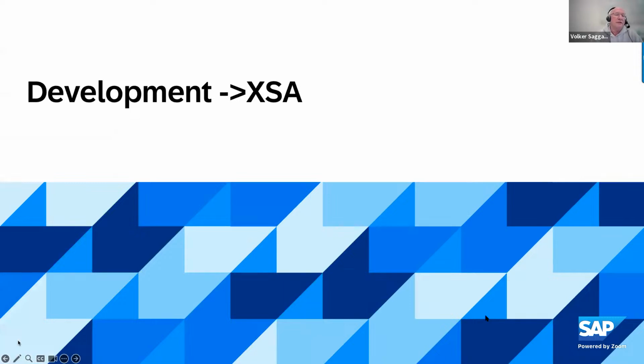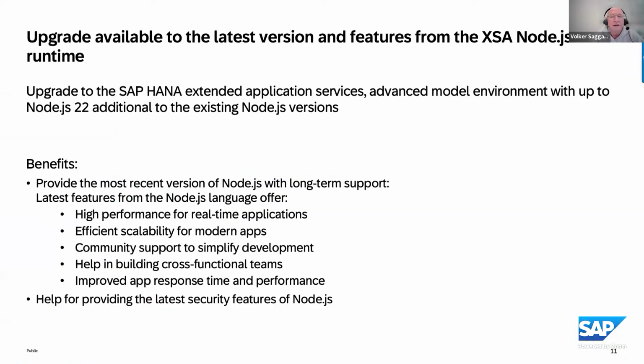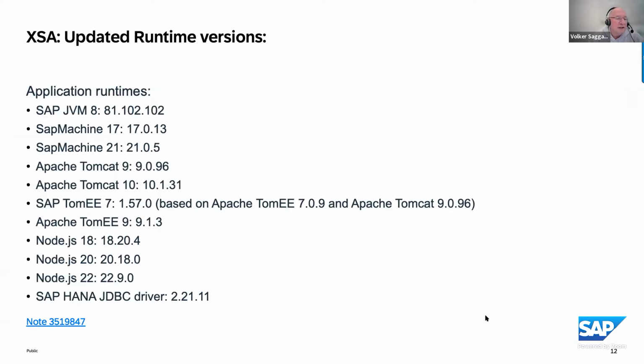So, development with XSA. We did a lot of things for the Node.js guys. We have now also version 22 in that, but you will see with the next slide that we already have done that. So that was the very recent one, but we did a lot of upgrades on all kinds of runtime environments here.